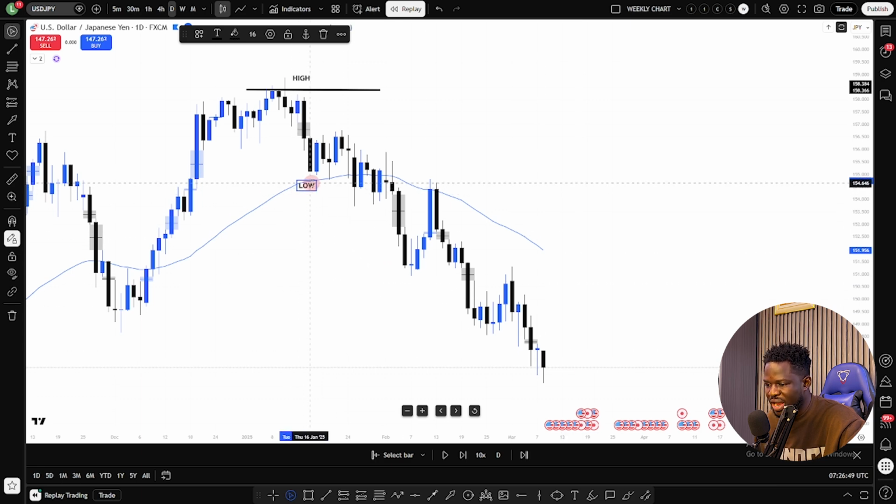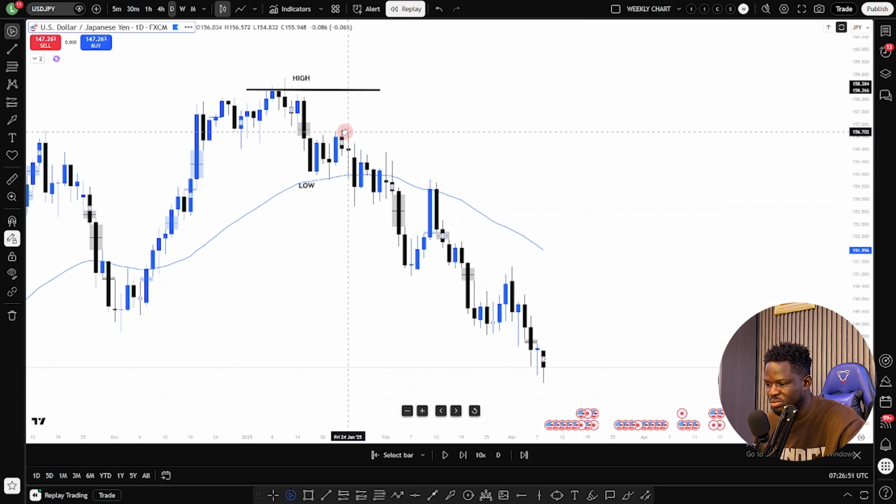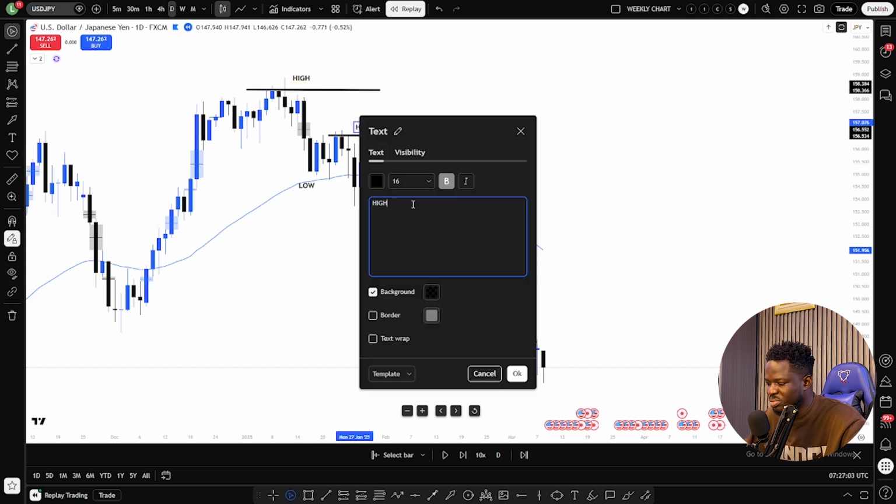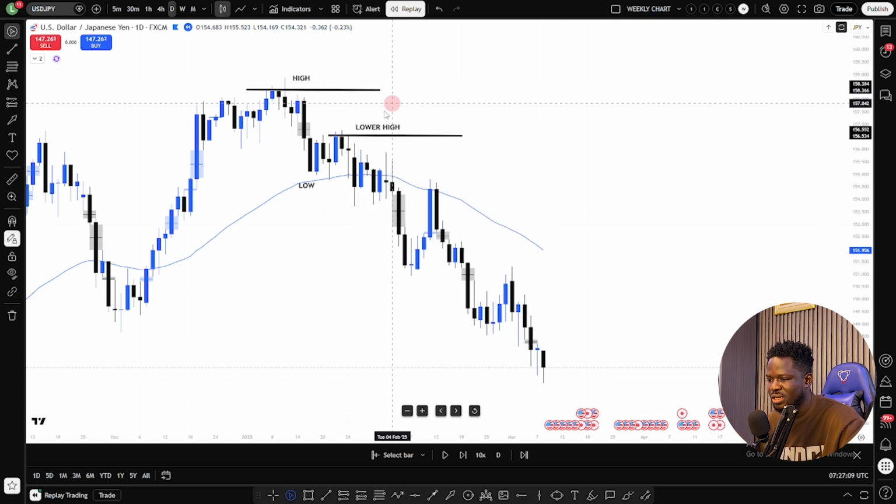From this low, price bought to this place to create a new point here serving as high. But we're not going to call this place high because this high is lower than this high. So that's why we always call this place lower high. The next point, lower high. Why?